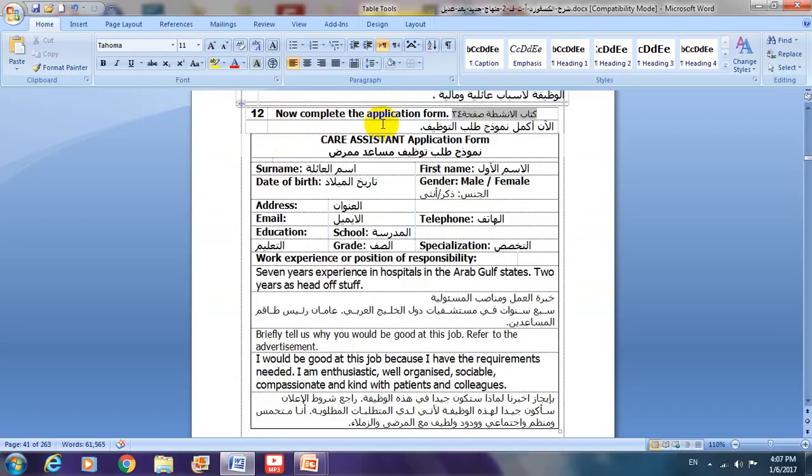12. Now complete the application form. Surname, date of birth, address, email, education, work experience or position of responsibility, school, grade, first name, telephone, specialization. 7 years experience in hospital in the Arab Gulf states, 2 years as head of staff.